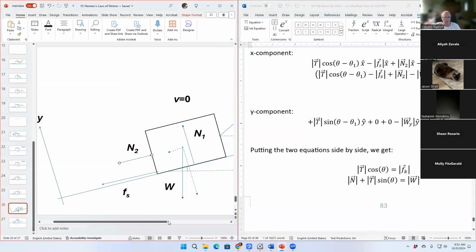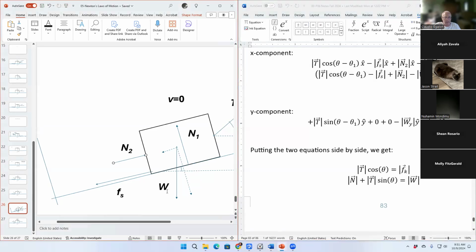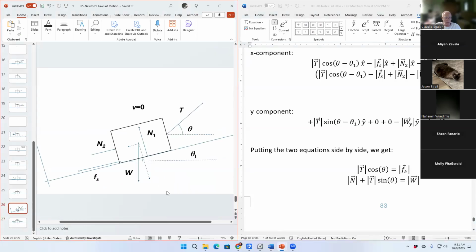We have the mass of the block. You have to know which angle is this one right in here, and also which angle is this other one here. You have to analyze the situation very carefully, and this is basically a problem of geometry.